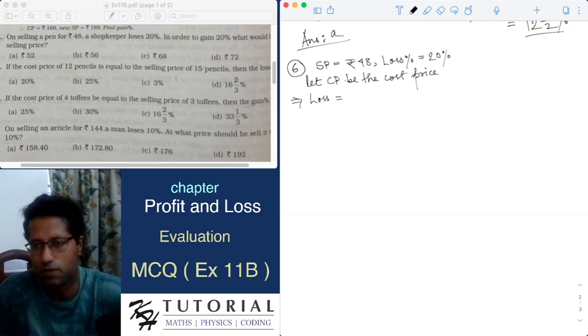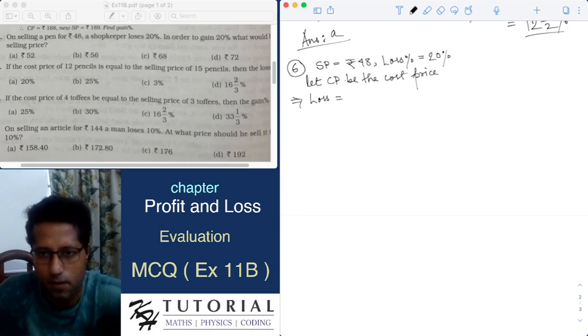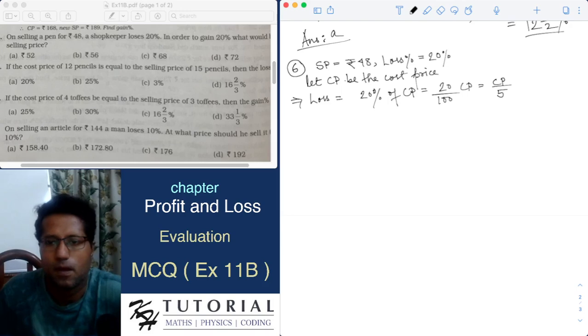Since loss is given to be 20%, the loss should be 20% of CP. This is 20 by 100 CP, which is CP by 5.